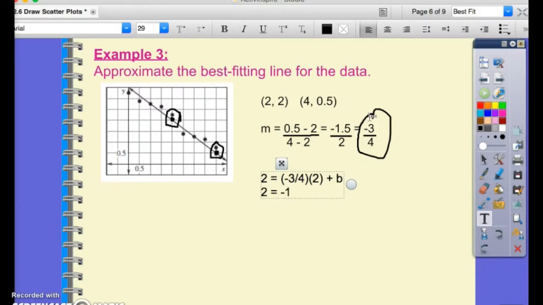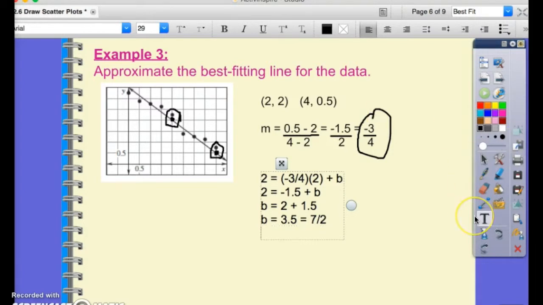We could solve as well. So b equals 3.5, or sometimes I like to switch it back to an improper fraction, sort of like the slope.